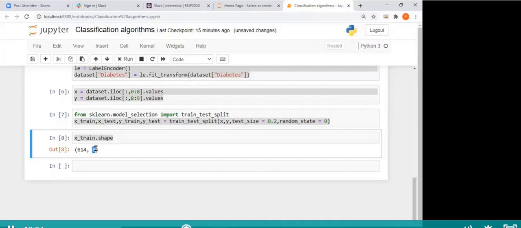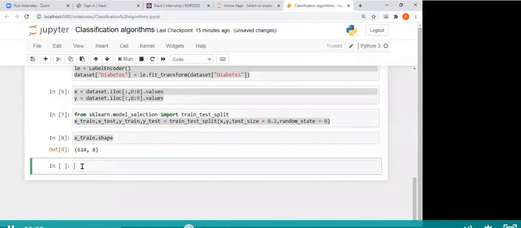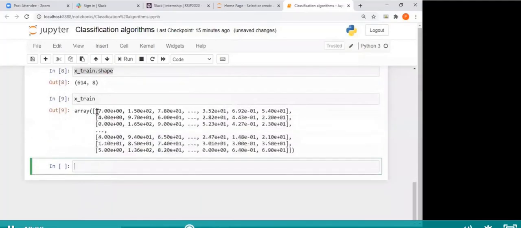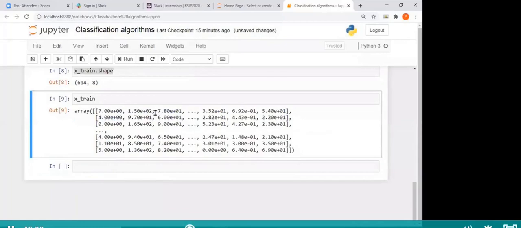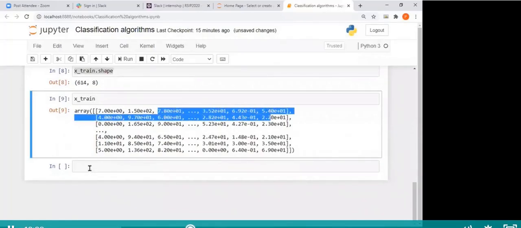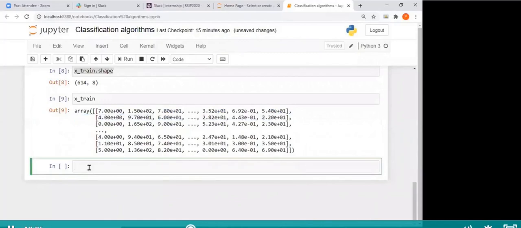If it is yes, then it will say it is no. I mean, if the observation should be yes, then the algorithm will say no. If the values are no, then the algorithm will say yes. So to avoid that, we have to scale all the values to a particular range. Before that, let's see what this X train looks like. So if you see here, you have 7.0, 1.5, 7.8. These are all the values of your patient's parameters.